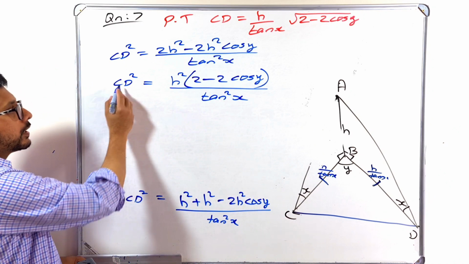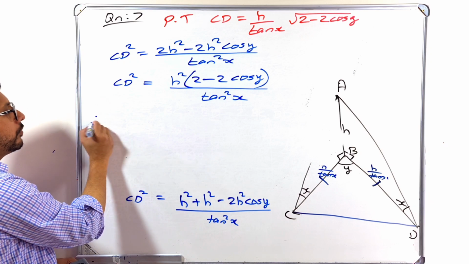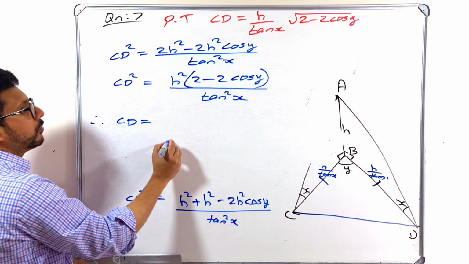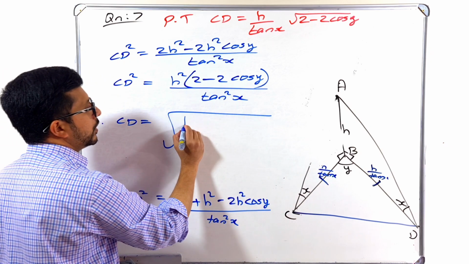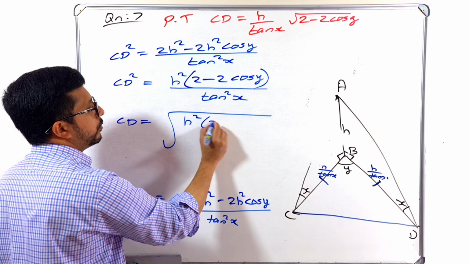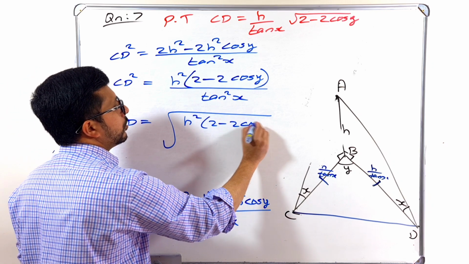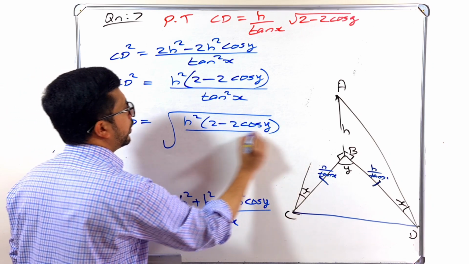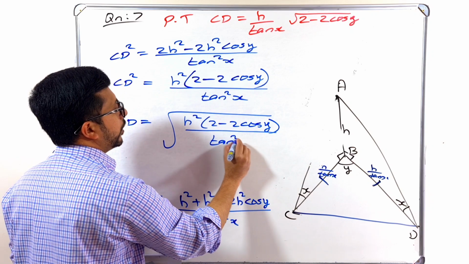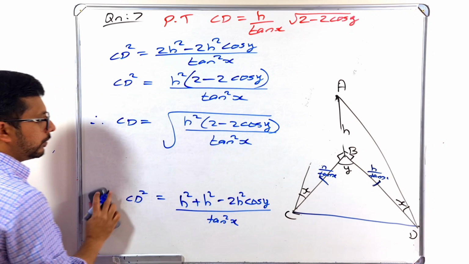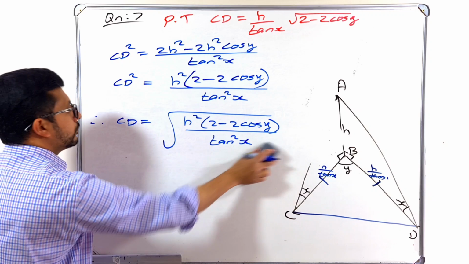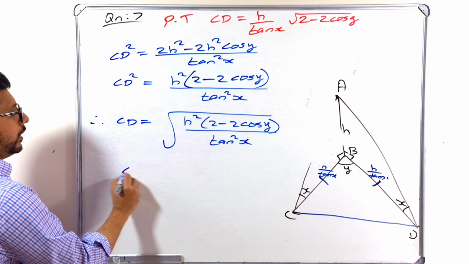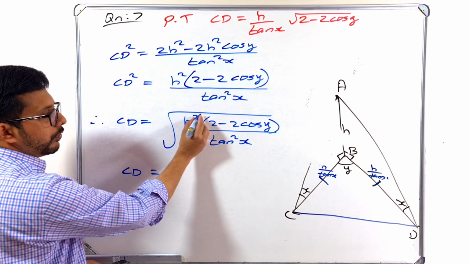So here we have CD square, so how can you find CD? You have to take the square root of all of this, h square into 2 minus 2 cos y divided by tan square x. So CD is equal to square root of h square.